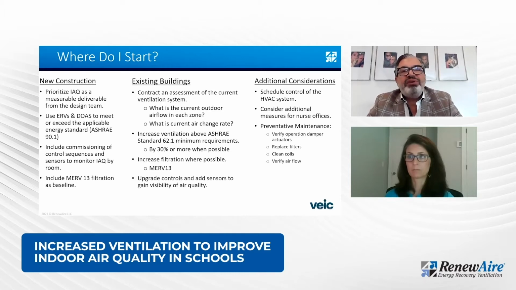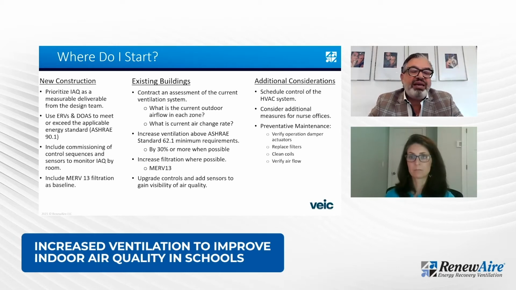Including MERV 13 filtration becomes very critical because a lot of these standard systems that you purchase, whether it's an ERV or DOAS technology, or even a typical recirculation air conditioning or heating system, use standard MERV 8.